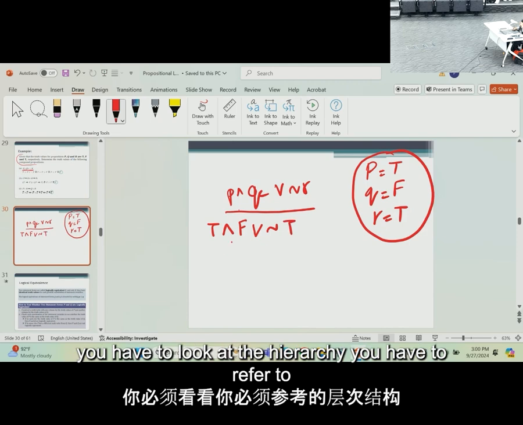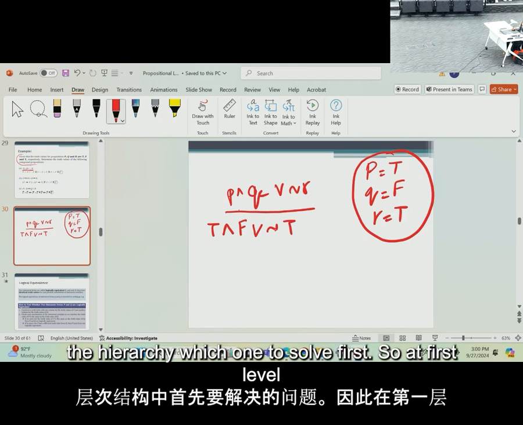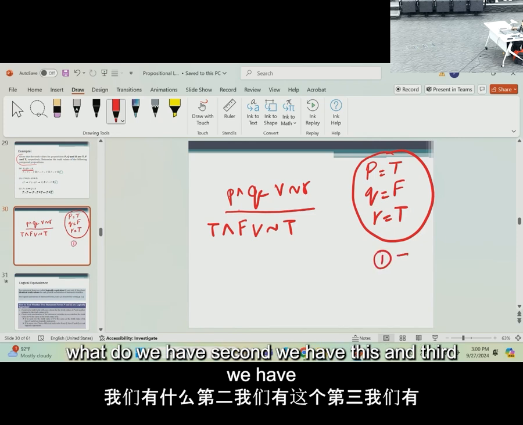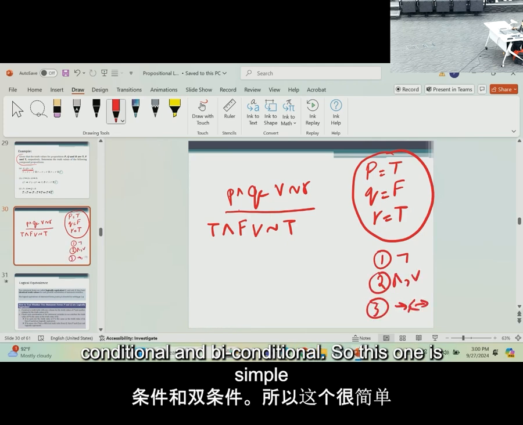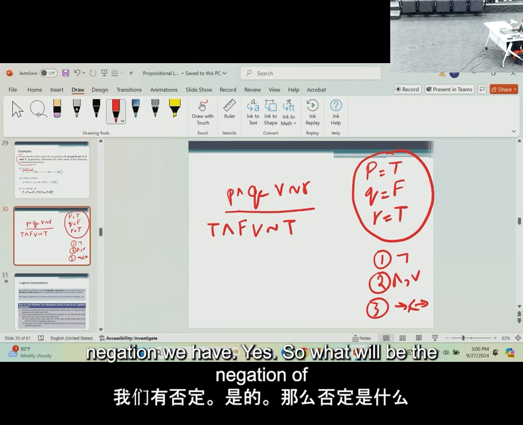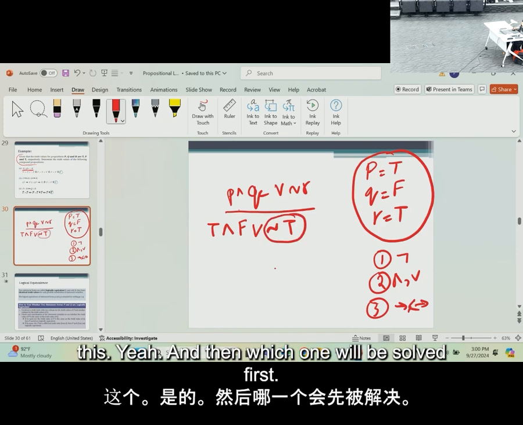Now here you have to look at the hierarchy. You have to refer to the hierarchy to see which one to solve first. At the first level, what do we have? Second we have this, and third we have conditional and biconditional. So this one is simple. Negation we have, yes. So what will be the negation of this?